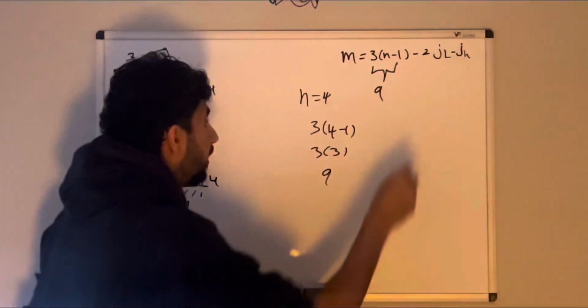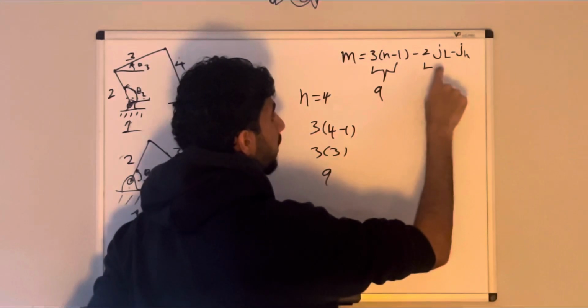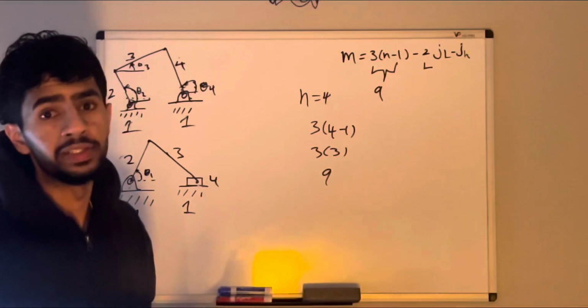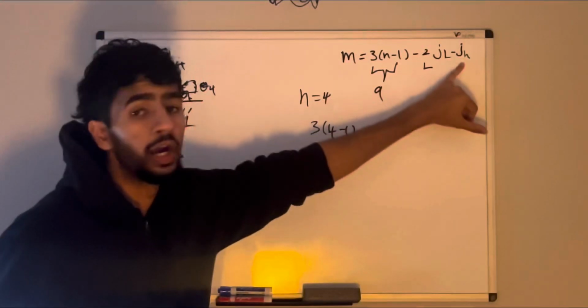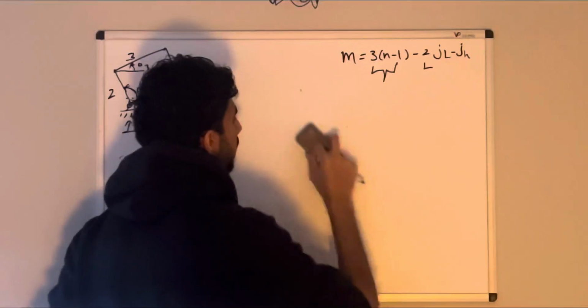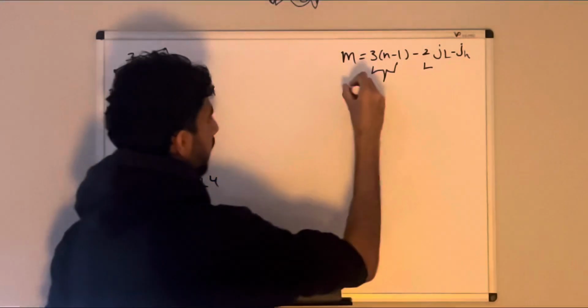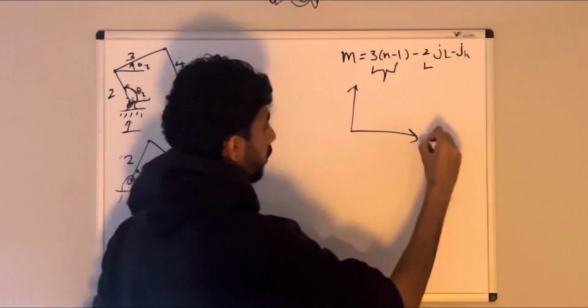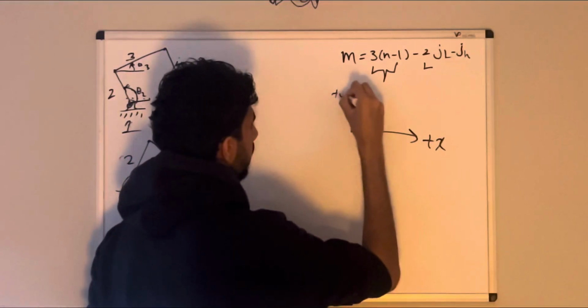Okay, now this minus 2jl minus jh, they pertain to the constraints you subtract from the lower order pairs and higher order pairs. So before we begin, let's look at understanding the degrees of freedom. Let's say we have a link, a rigid body, in the 2D plane. Let's say positive x, for example, and positive y. And we have a link.